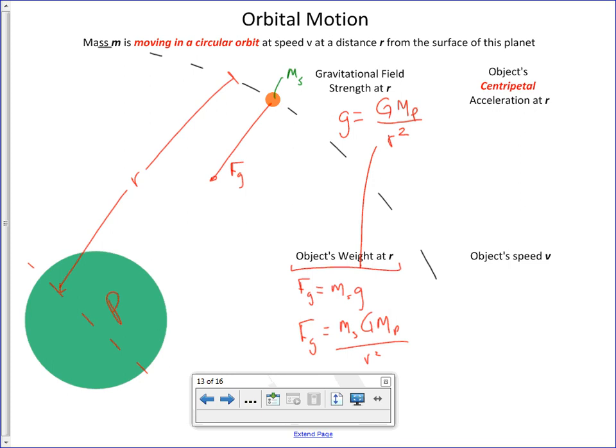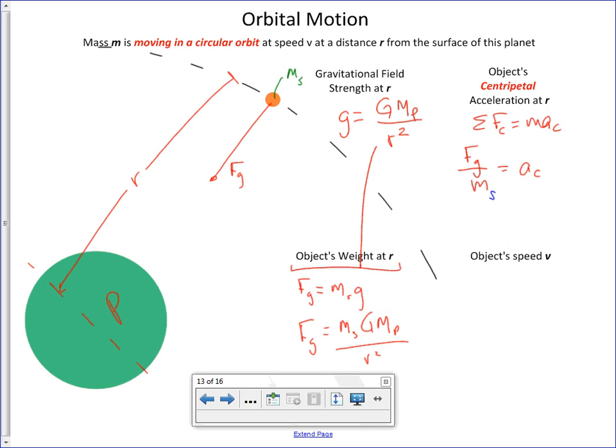Now, centripetal acceleration, we can do that in a number of ways. One of them is this. The centripetal force is Fg, and I can write it like this, over the mass. The mass of what? The mass of the thing moving in a circle, that's the satellite, equals ac.